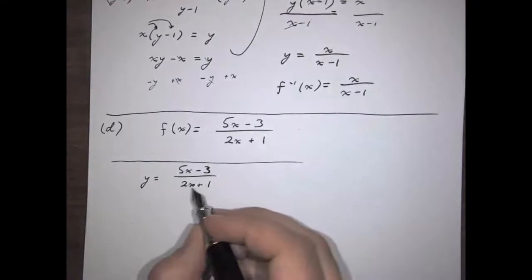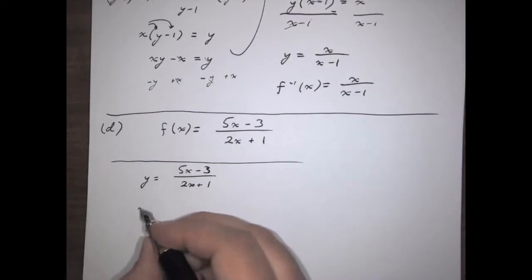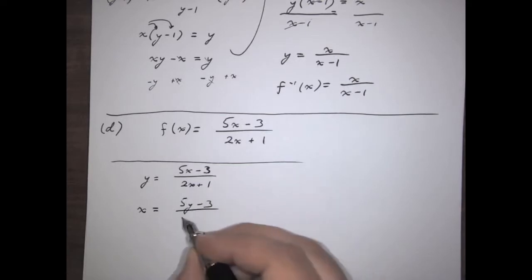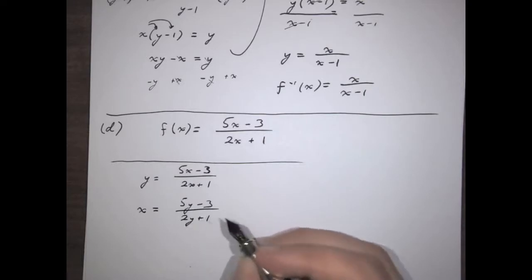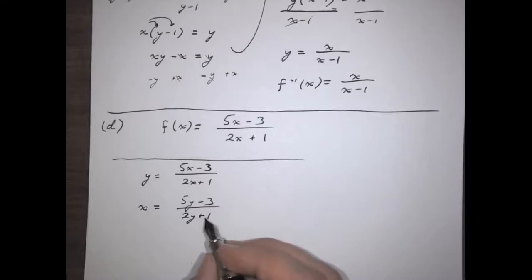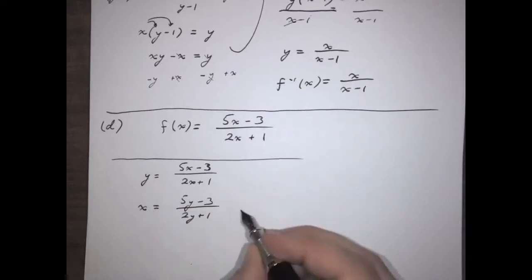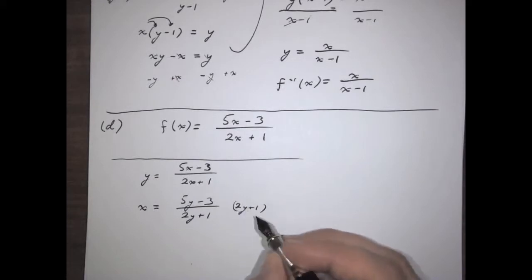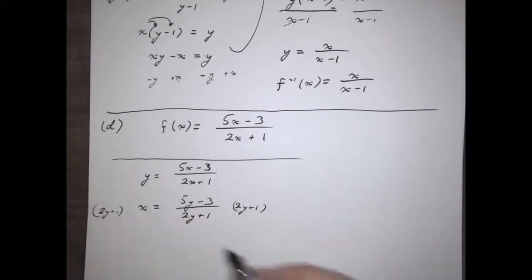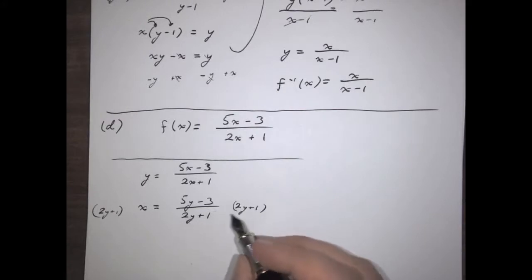And now, in order to solve this, we need to switch the x's and y's around. So x gets switched, and we have 5y minus 3 over 2y plus 1. And now we need to solve this for the y, and when we do that, we multiply both sides by the denominator of 2y plus 1 in order to cancel.